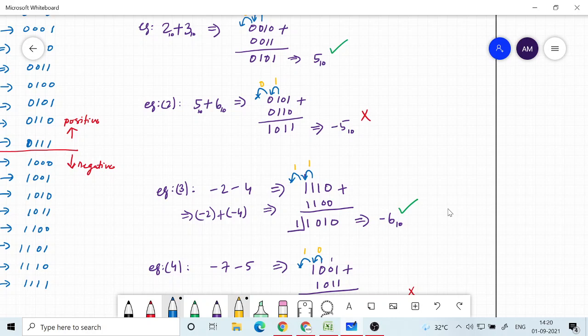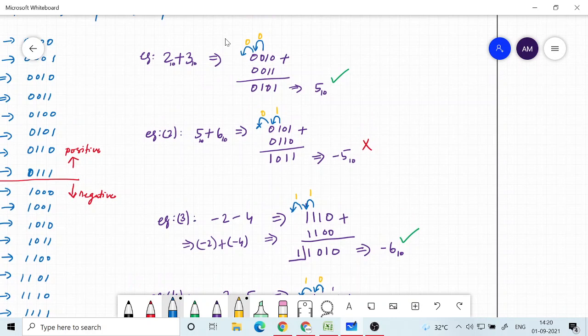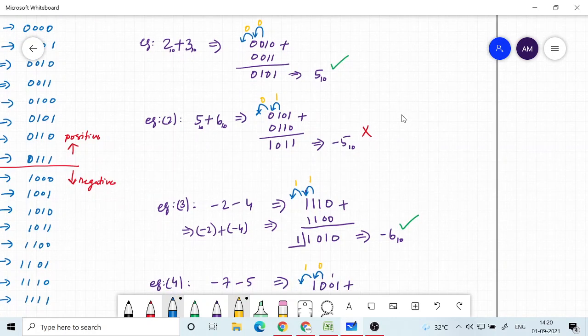But if there is the same carry, that is, for adding positive numbers, if you are getting 0 0 as carry, then that means no overflow. Or it could be 1 1 in the case of negative numbers. When you add 2 negative numbers, if you are getting carry in both places, then also there is no overflow.